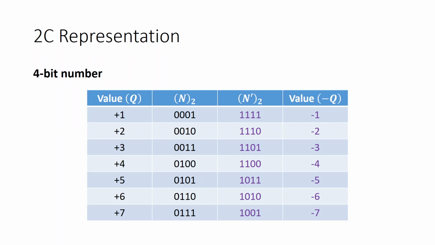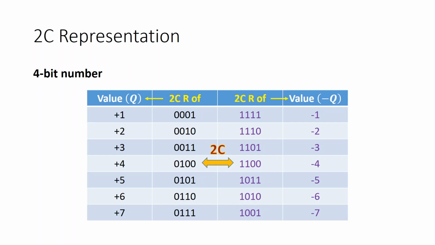So these are the 2's complement representations and the negative quantities. So you see, the second column and the third column are 2's complement of each other. So if one is giving a positive quantity, the other is giving a negative quantity. If one is giving a negative quantity, the other is giving a positive quantity.